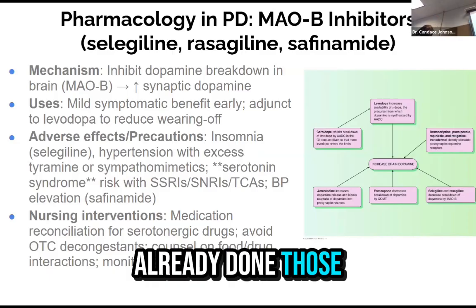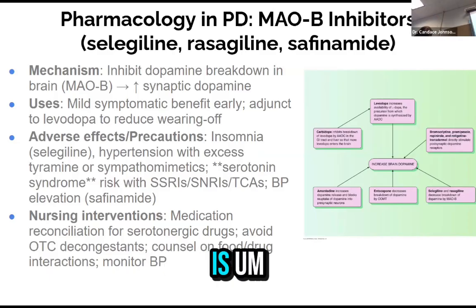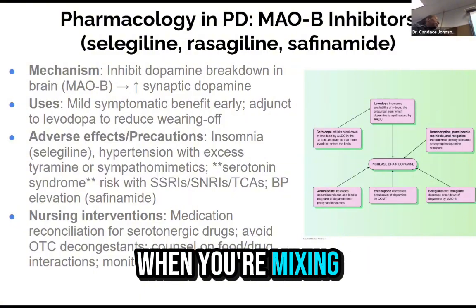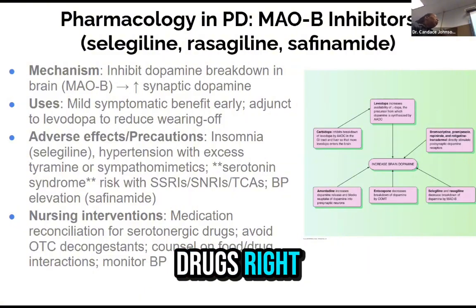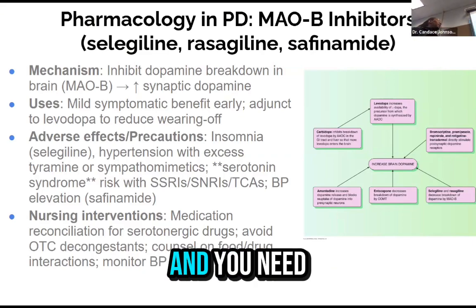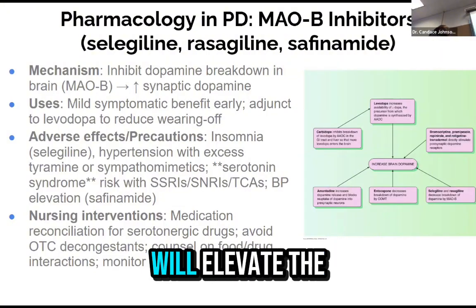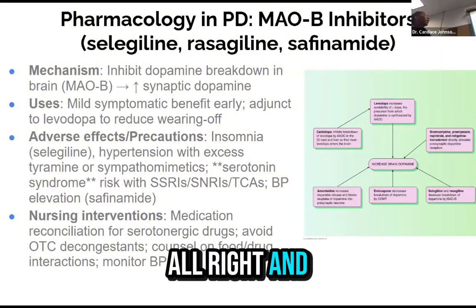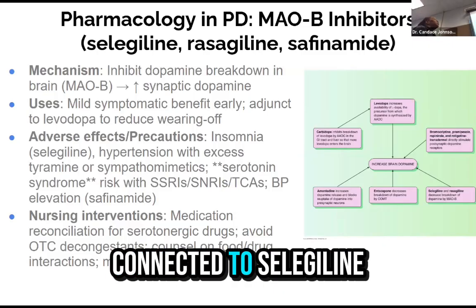We've already done those, but the point is, the problems with MAO-Bs happen often when you're mixing them with other drugs, right? Or foods containing tyramine, okay? So it just doesn't play well in the sandbox, and you need to know that. All right, it will elevate the blood pressure, and insomnia is usually connected to selegiline.